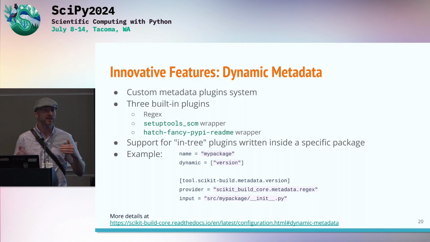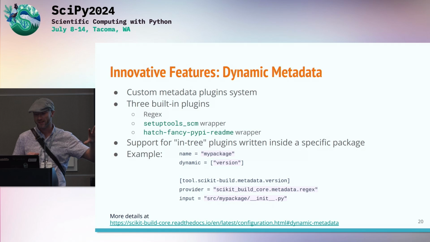We provide some plugins, some adapters or wrappers, for example one for setuptools-scm, which allows us to extract the version from your source tree, one for regex, one for README, for the fancy PyPI README plugin from Hatch. And you can also have in-tree plugins. We are also working on a draft PEP to make that part of the standard in Python.